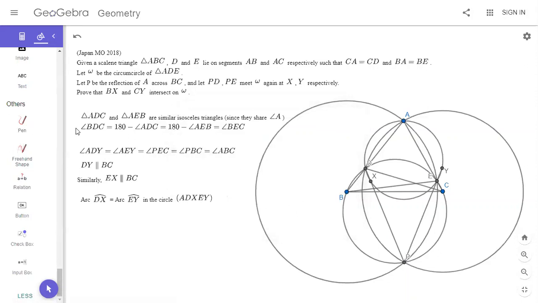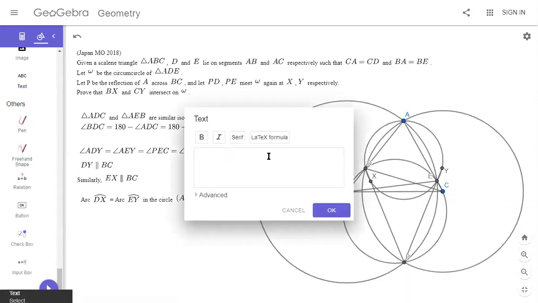So we also have angle BPC is angle BAC, which is 180 minus angle BEC.